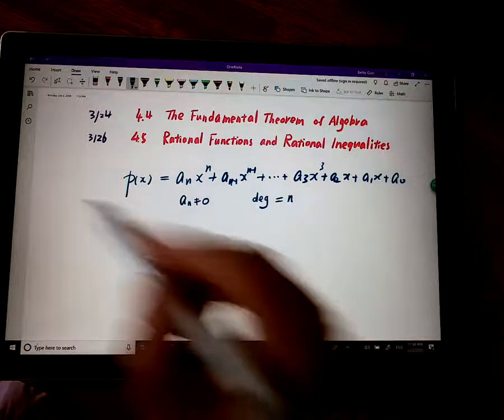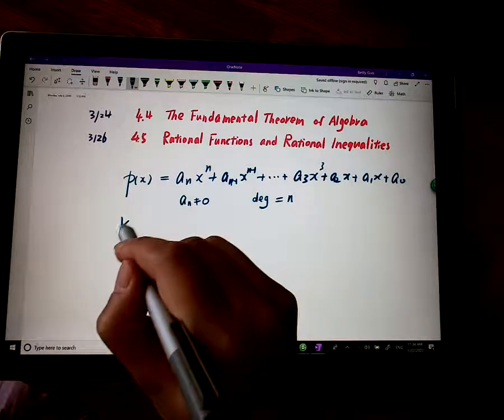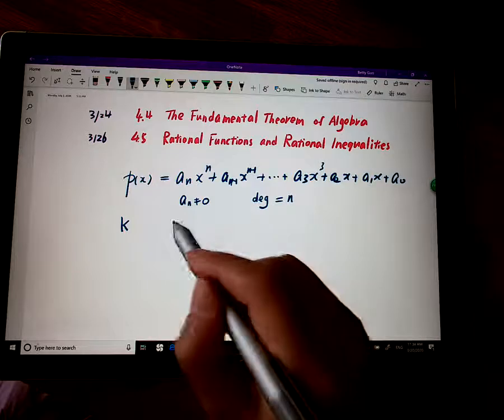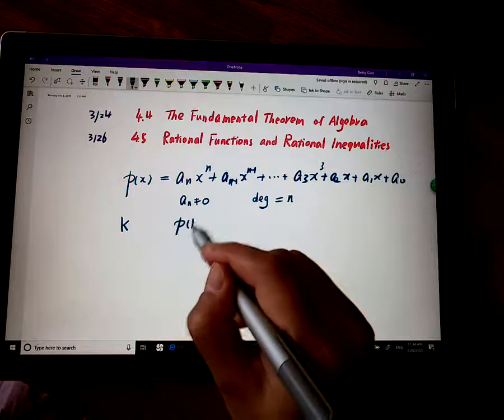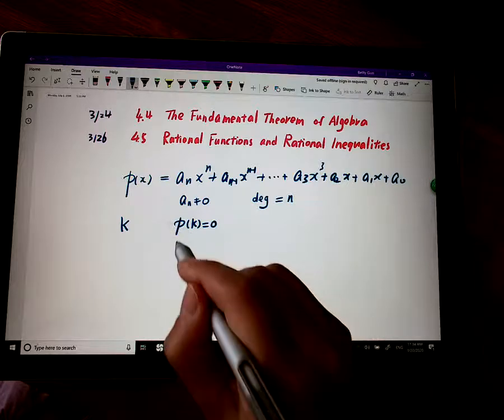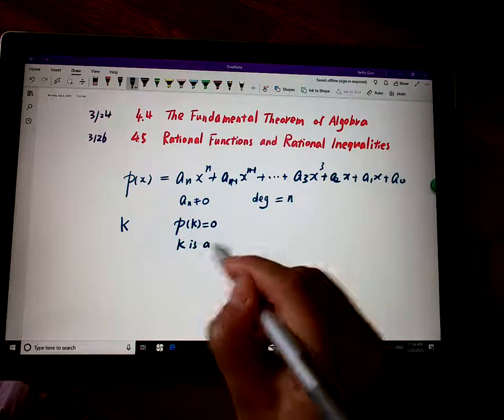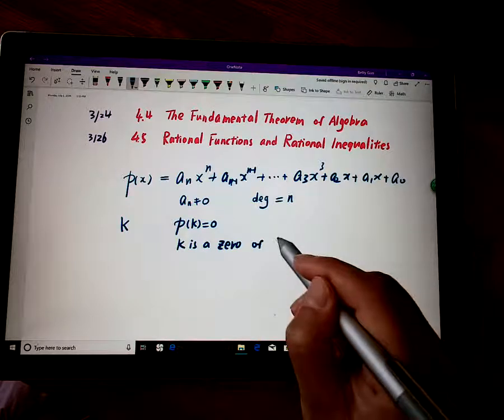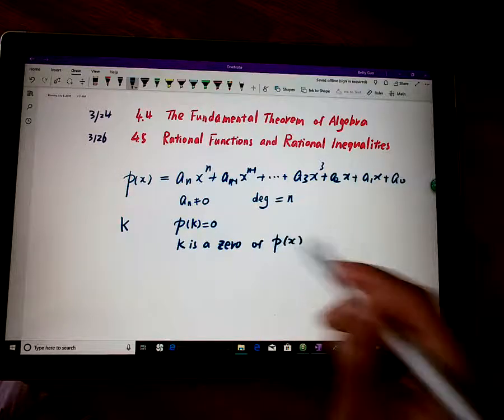Let's say we have a constant k. K is a constant. So if we have p of k equals 0, then we say k is a 0 of polynomial function p of x.